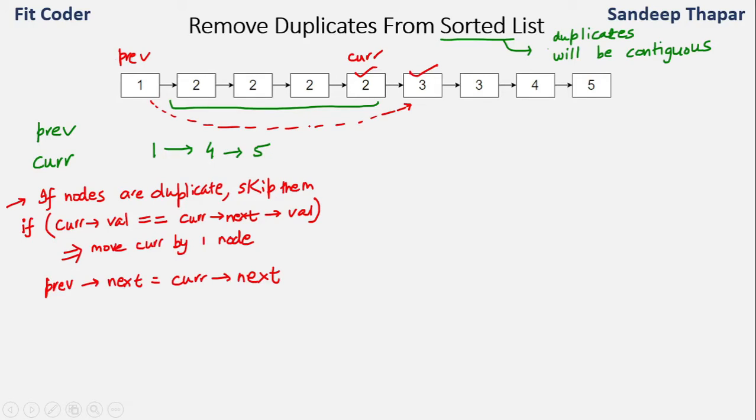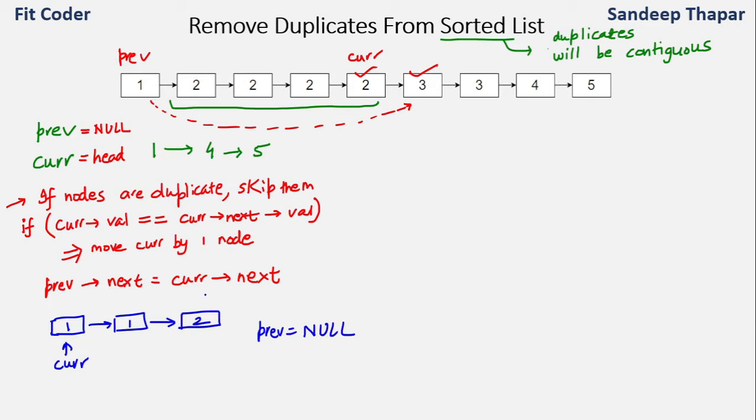Now there is one problem when we are trying to solve this. We can start current as head and previous as null. The problem that we'll face is, let's say the linked list is like this. In such a scenario, current will be pointing to 1 and previous is null.